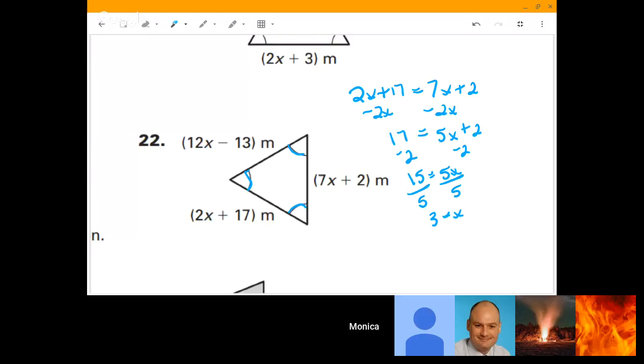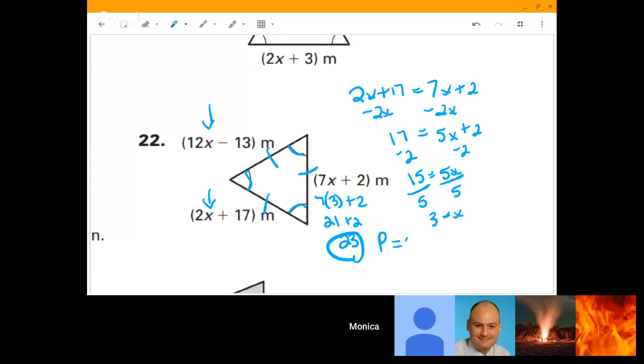So you get 3 equals x, right? So now you're going to plug 3 back in. So 7 times 3 plus 2 is 21 plus 2, so that's 23. Since we know that all three sides are congruent, we don't have to plug back in here and here because they're all going to equal 23 anyway.